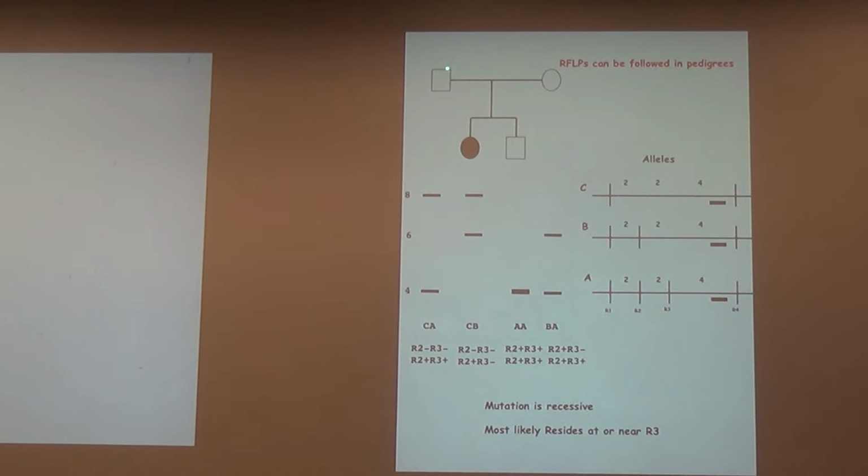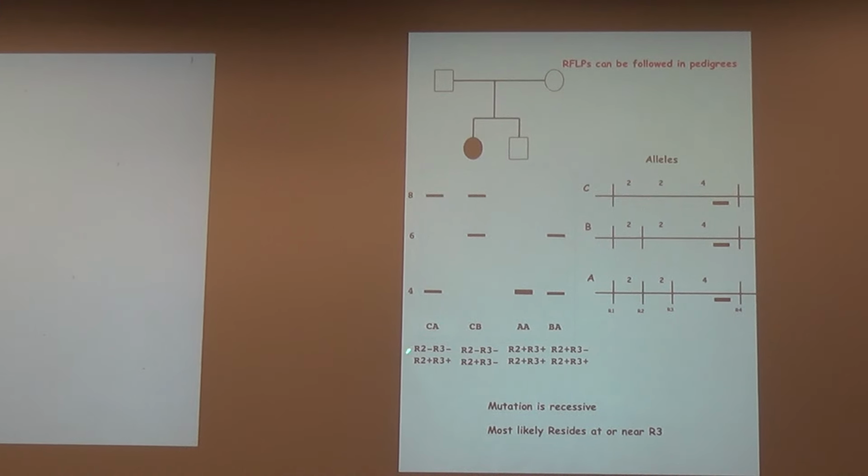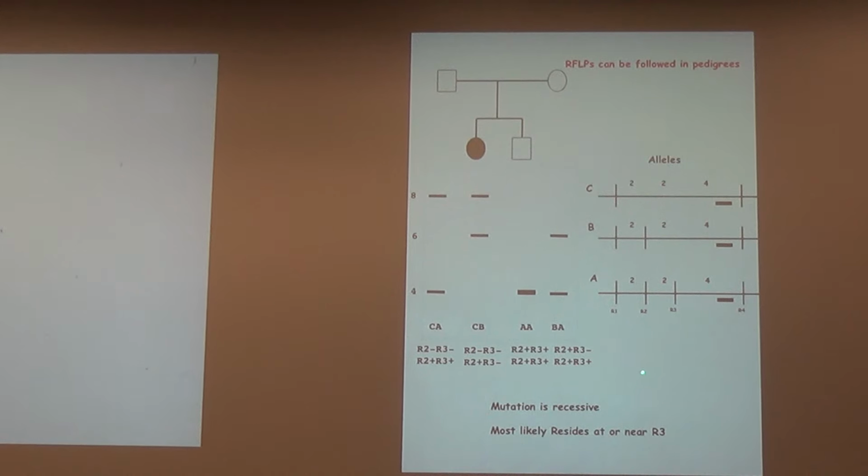And so this father here is basically R2 minus R3 minus, R2 plus R3 plus, heterozygous, correct? C and the A. The mother is R2 plus R3 minus, R2 plus R3 plus. She's a B and an A, and that's why she's R2 plus R3 minus, R2 plus R3 plus.